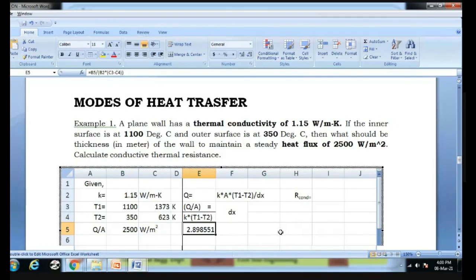Yes, sir, I got the same. Correct, but what is it actually? It is not dx, it is 1 upon x. You are not attending well.